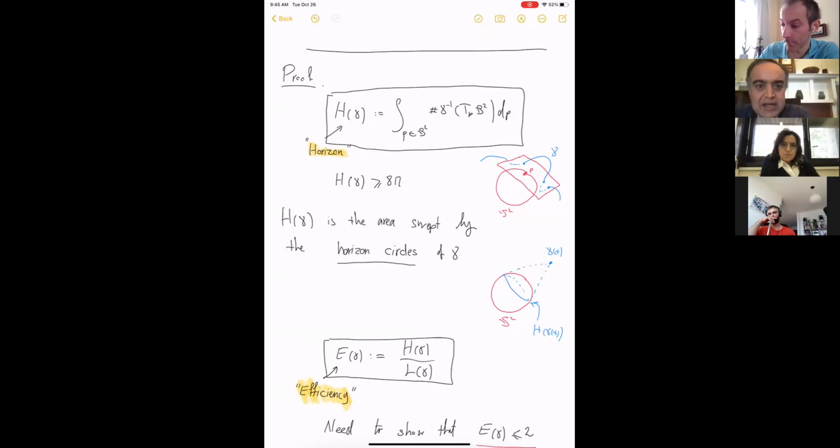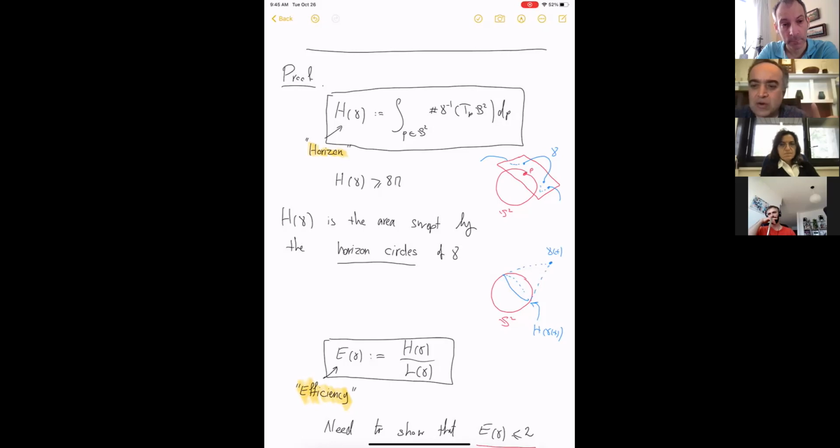So what is this integral that I call the horizon? Your point moves along the curve. For each point, you have the horizon circle. The horizon circle sweeps some area on the sphere. So the area swept by this horizon circle, as your point moves along the curve, counted with multiplicity, that's the horizon.